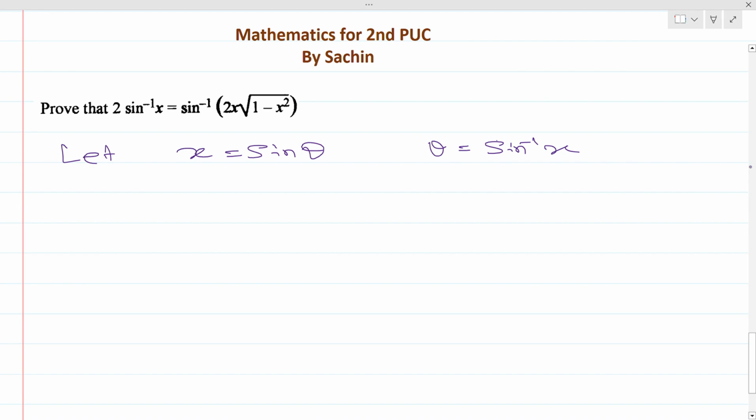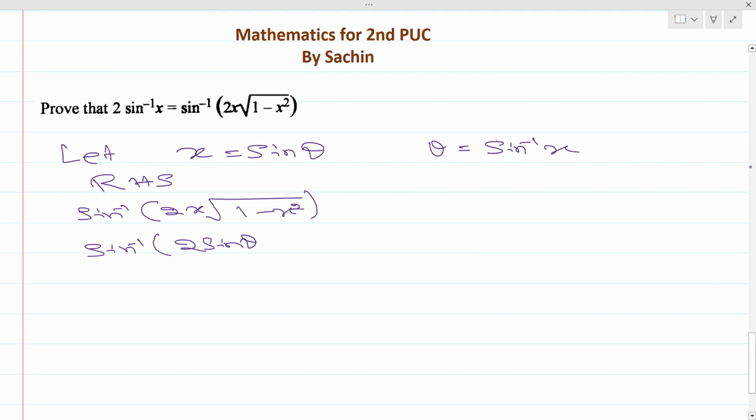So I'm doing this substitution in the RHS. The RHS is sine inverse of 2x root of 1 minus x square. If I replace x with sine theta, that will become sine inverse of 2 sine theta root of 1 minus sine square theta.